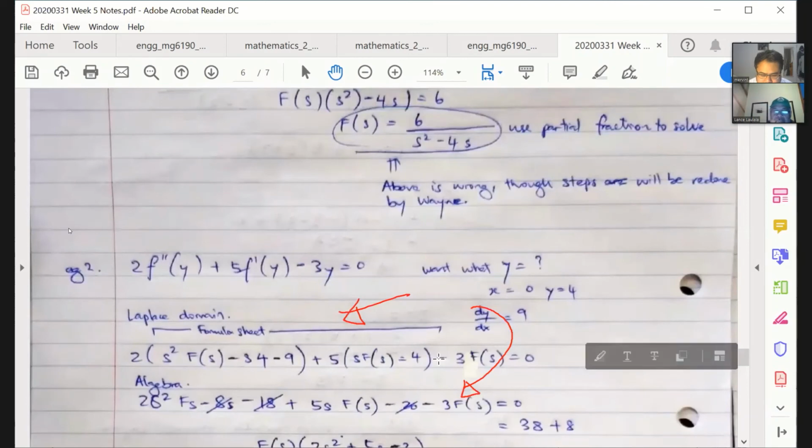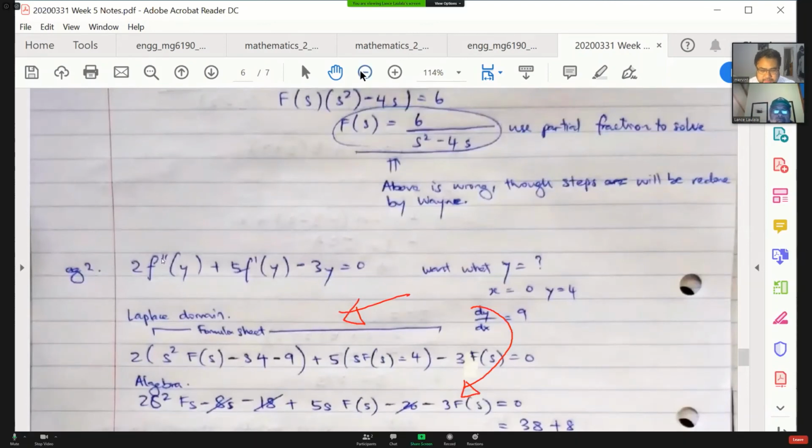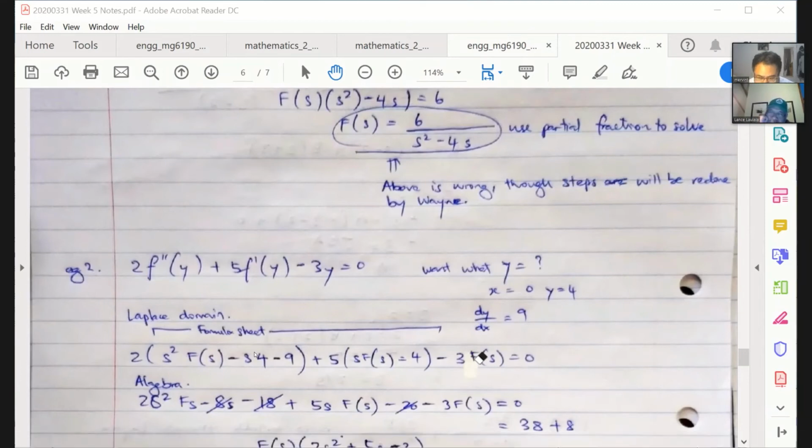So the first step is the F double dash, which means you have to use that S squared F of s minus S times 4 minus 9. So you're using the formula sheet. That's all you do in the first step. Go to the differential equation.